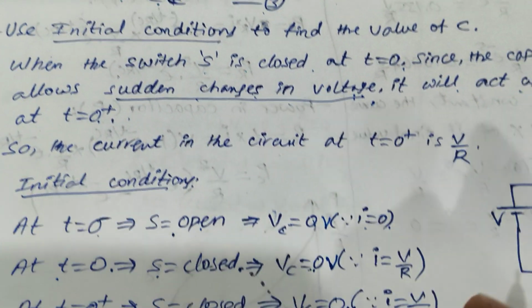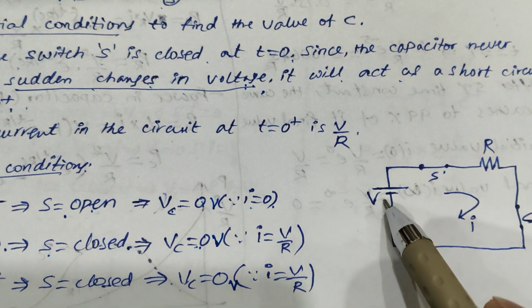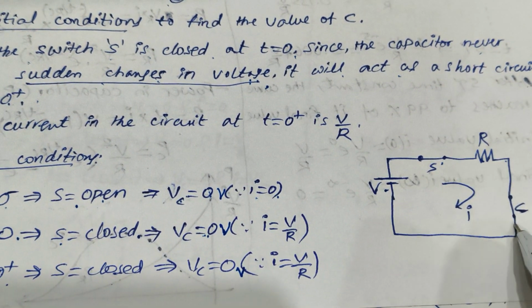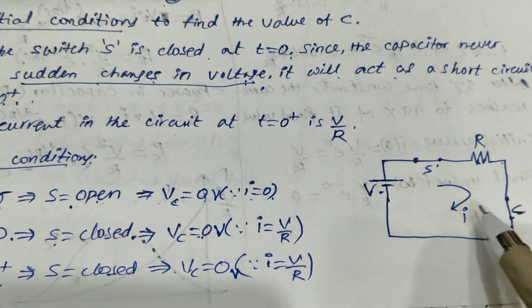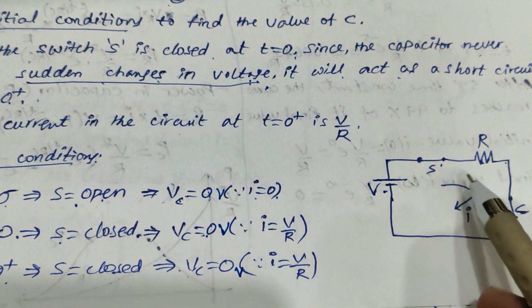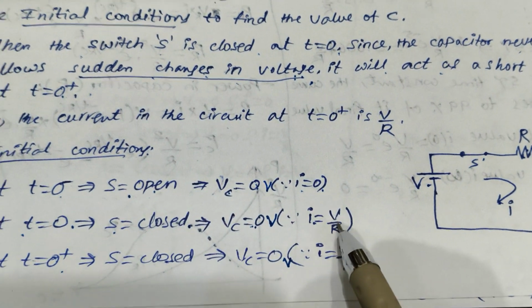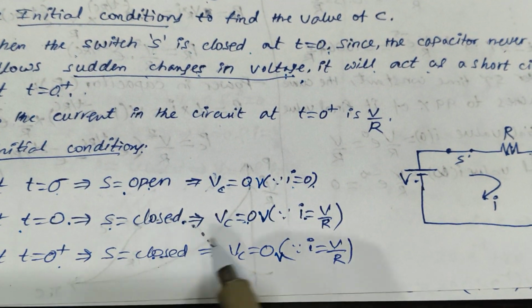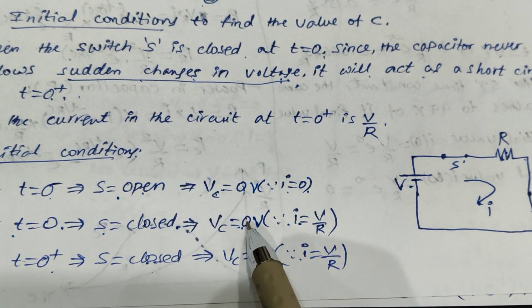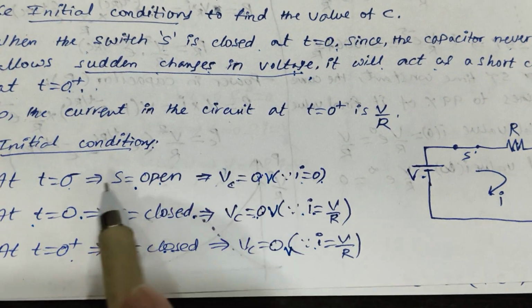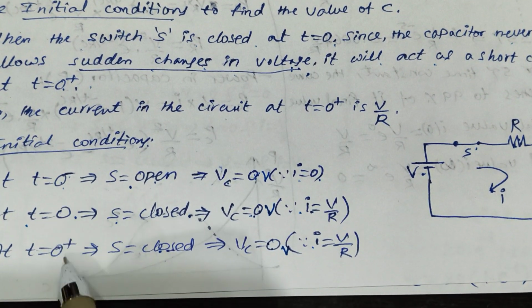However, for current, when the switch is closed, the source voltage is directly applied to the resistance. This capacitance will get short circuit. So if you apply Ohm's law, I is equal to V by R whenever the switch is closed. But the capacitance voltage is 0, as it carries the same voltage from t is equal to 0 minus onwards.